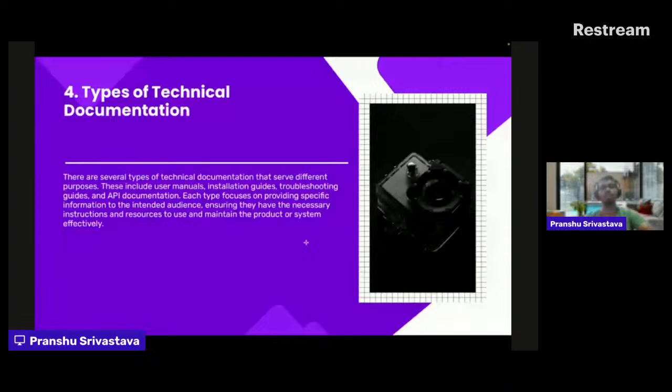Yep. So as I mentioned, even in technical documentation, we can have different sections in the documentation. First of all, we'll have the installation guides, because if you want to contribute to that project, you need to know how that project works. So for that, you'll need to install it on your local machine, and then with that installation guide, we'll probably have an FAQ or troubleshooting guides for the common problems that people face while installing that project.